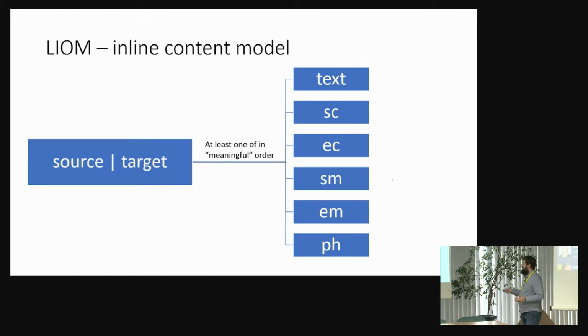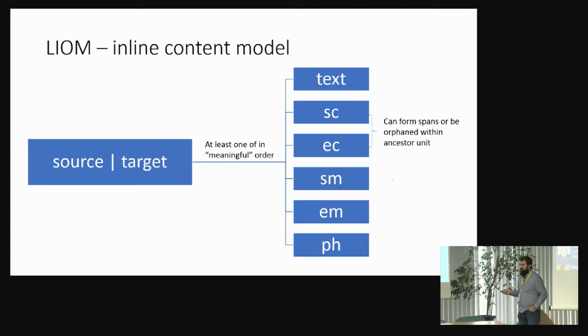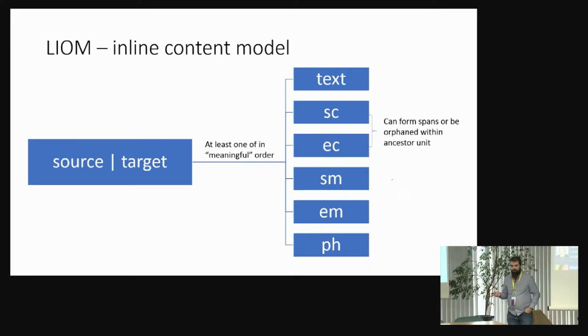They will be empty from the proper XML point of view, but they are not. They are allowed to form spans. So sc and ec can form spans or be declared as orphaned. It can be necessitated by the logic of the source format within the ancestor unit. So it can span segments. It can overlap with other spans. It's not well formed.